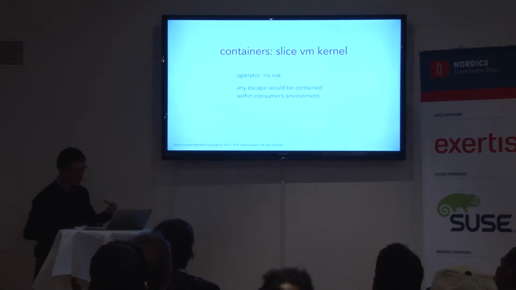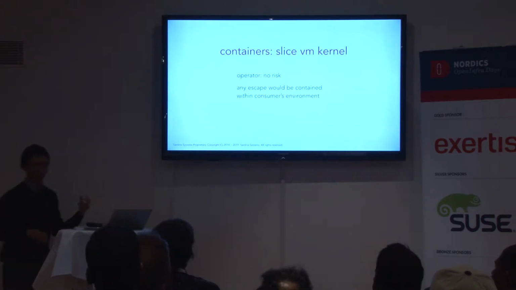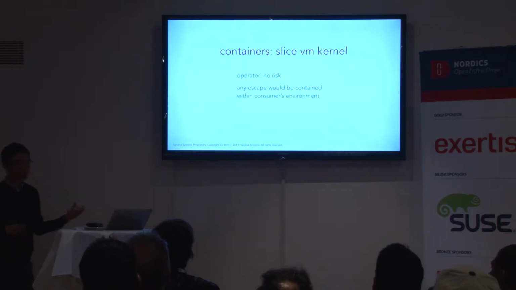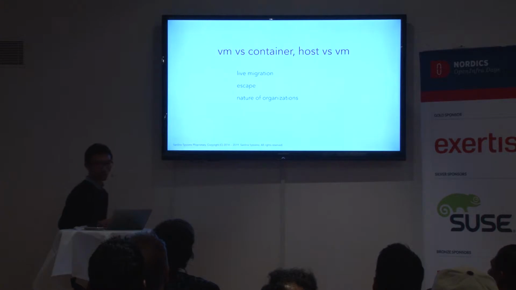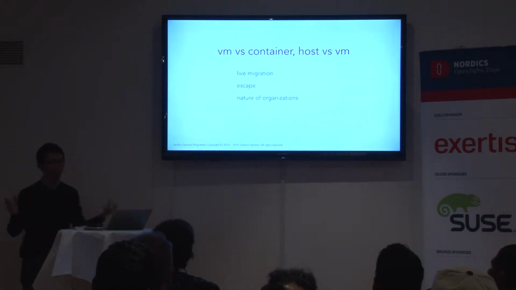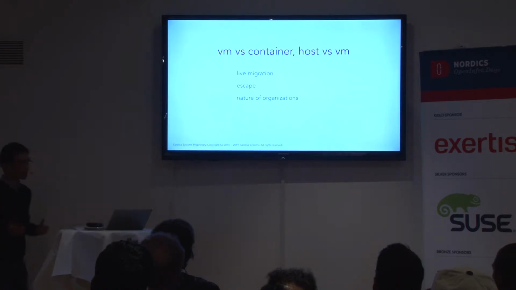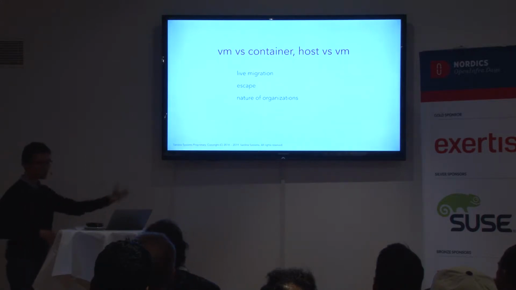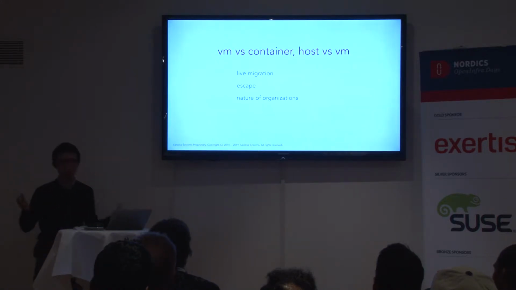But when you're slicing a VM's kernel, for the operator, there's no risk. If you escape, you're escaping into your own environment anyway. For the operator, it's safe. The question of VM versus container, host versus VM, is a question of whether you need live migration, whether you deal with escape, and it comes down to the nature of the organization.